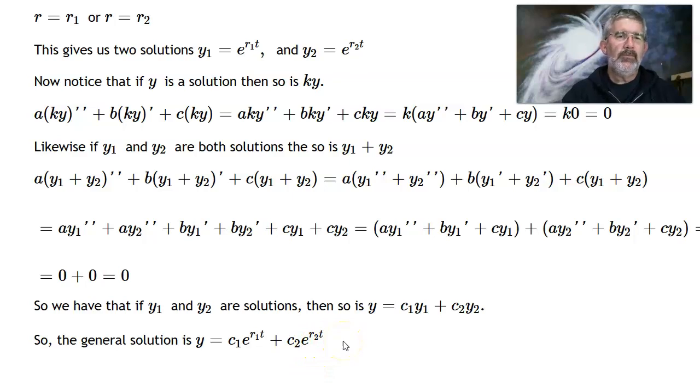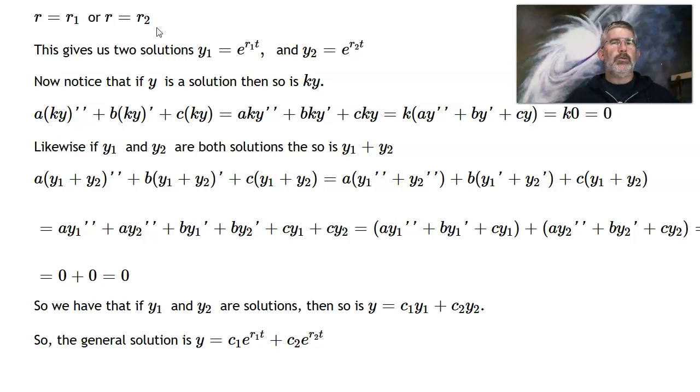Okay. Now, there are some things that could go wrong here, right? I was assuming that these were exponential functions as a solution. And it turns out that if indeed you do get two solutions, r1 and r2, that are real numbers, then this is precisely right.